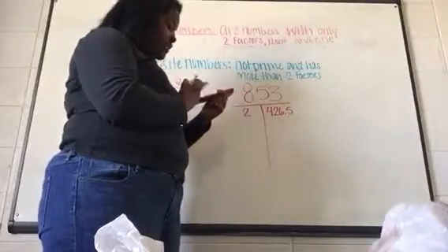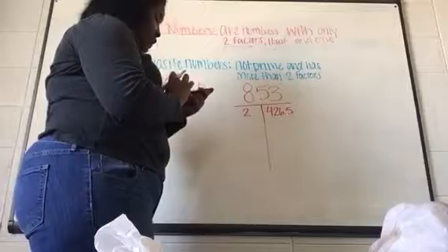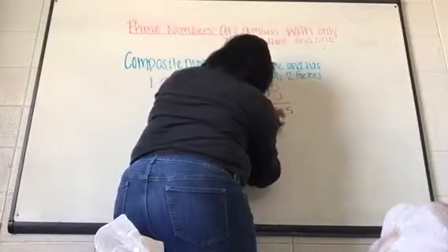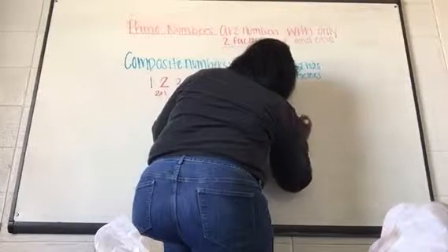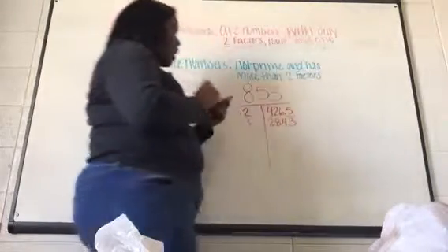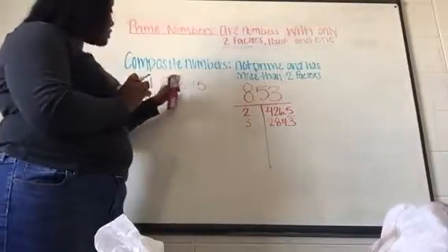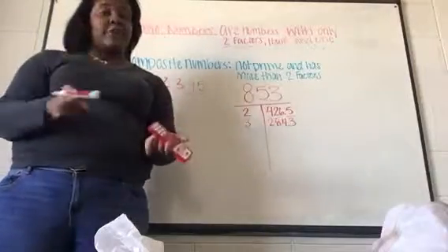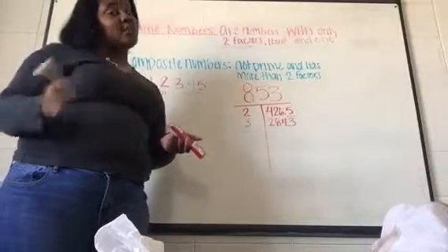So 853 divided by 3, because that's the next prime number, is 284.3, the 3 repeating. And not 4, because 4, remember, is composite, because 4 is divided by 2, and 2 times 2 equals 4, plus 4 times 1 equals 4.